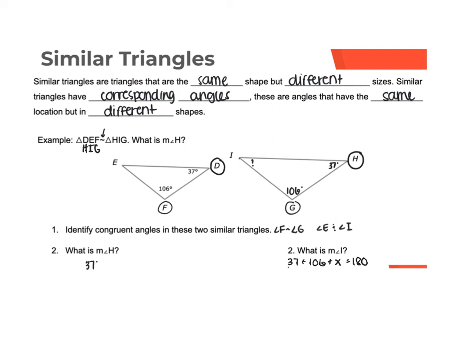When I add 37 and 106, I get 143 plus our unknown angle I measure. I can subtract 143 from both sides, and when I do that, I get x equals 37 degrees. So the measure of angle I would be 37 degrees as well.